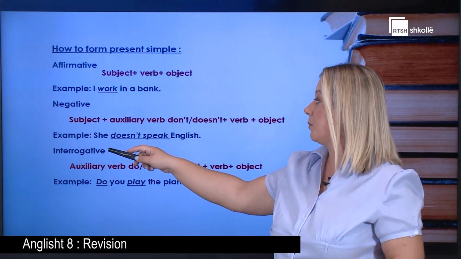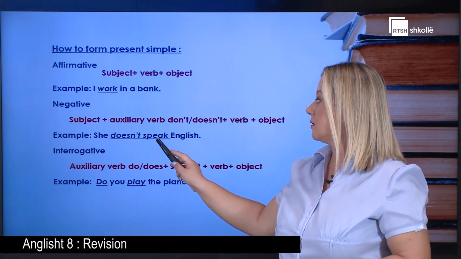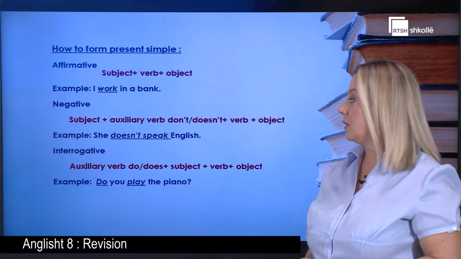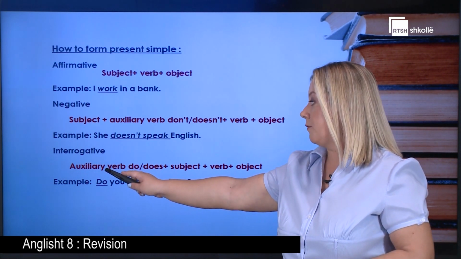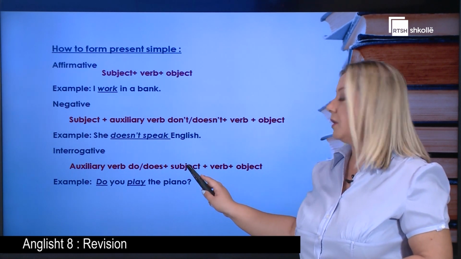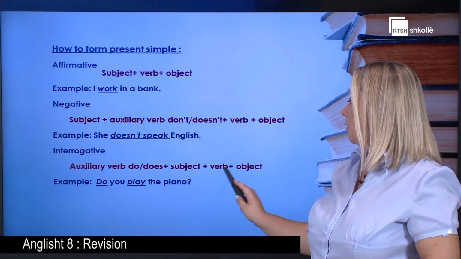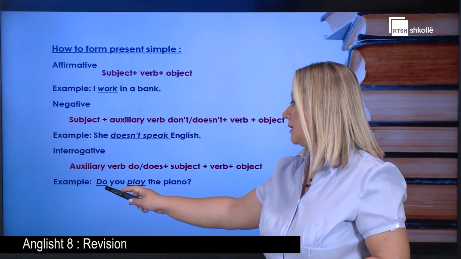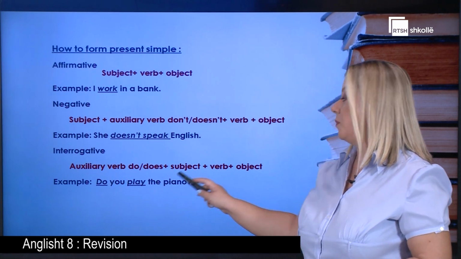Here we have the example, she doesn't speak English. And the interrogative form is the auxiliary verb do, or does for the third person singular, plus subject plus verb and object. The example I chose is, do you play the piano?